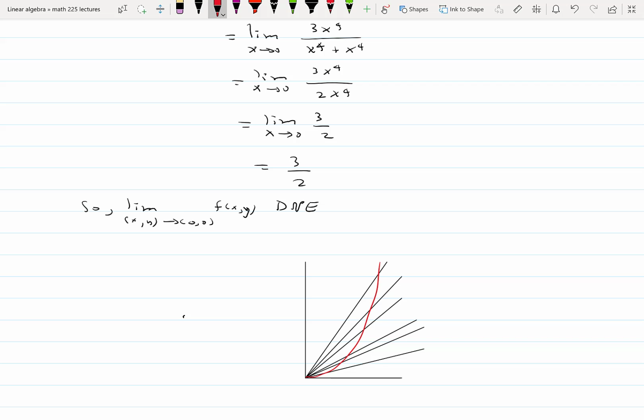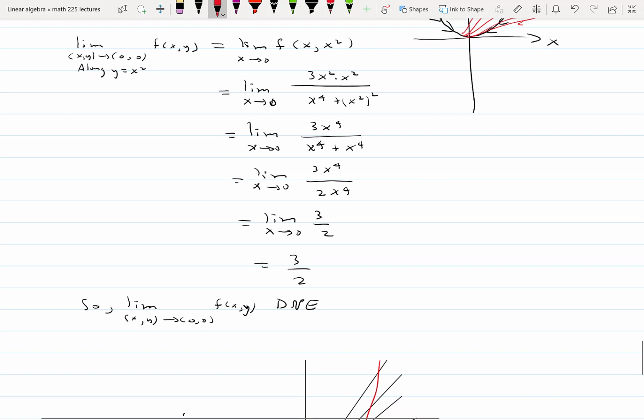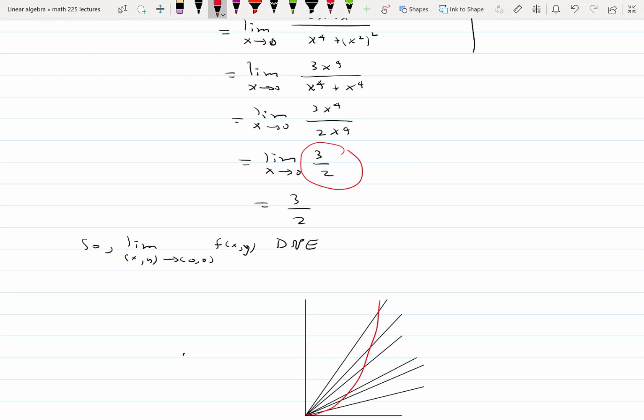So along y equals x squared, in fact, the z-value is always 3/2. The x to the fourth canceled out, so the z-value along the parabola is always 3/2. So at this point right there on the parabola, z equals 3/2.